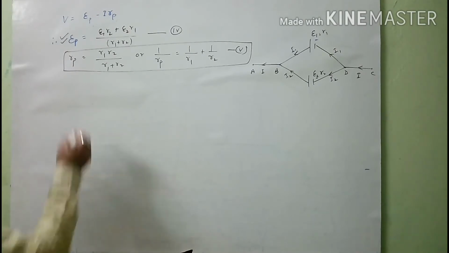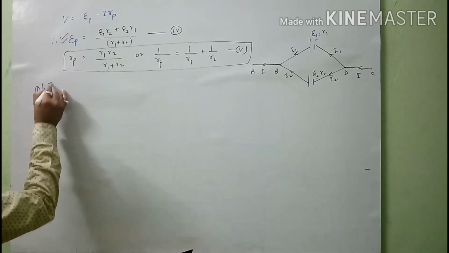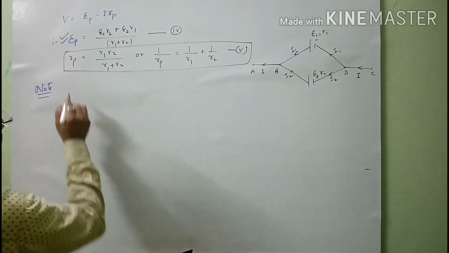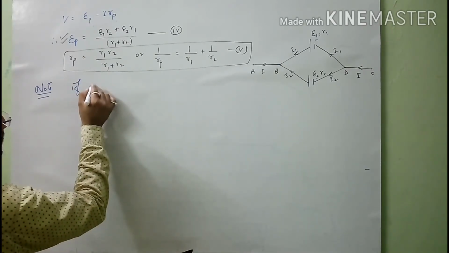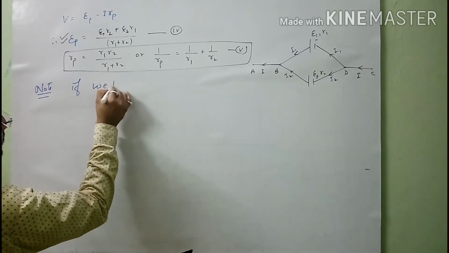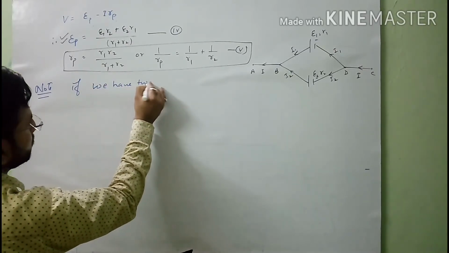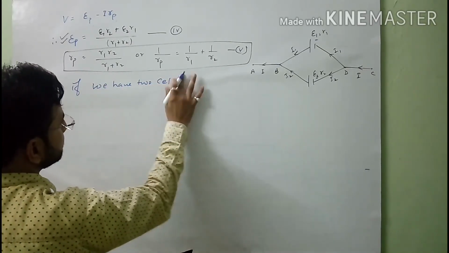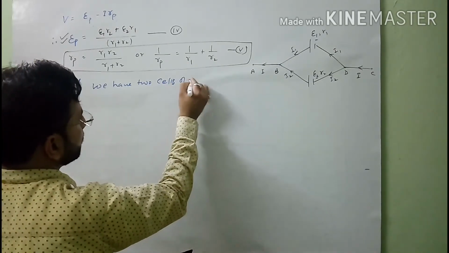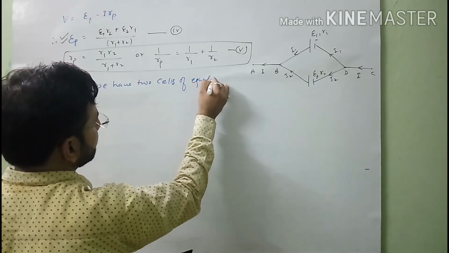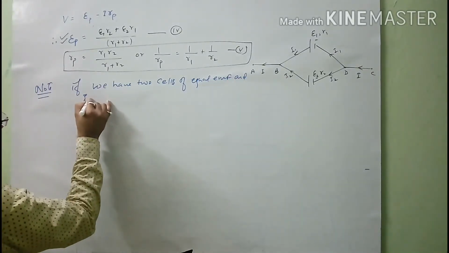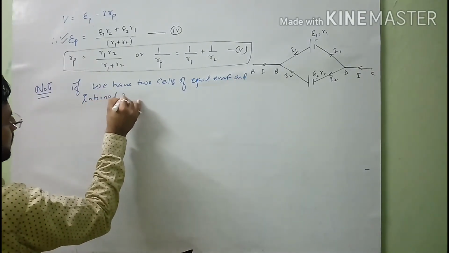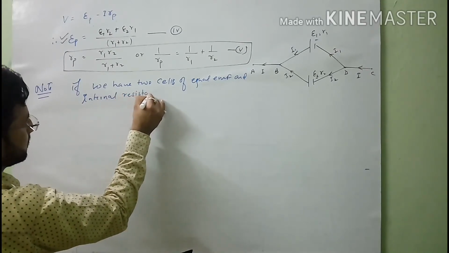Now student, after this, the second case or second note: suppose I am taking two cells only, if we have two cells of equal EMF and internal resistances.